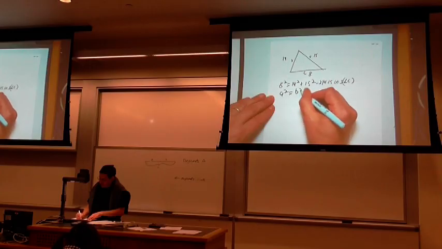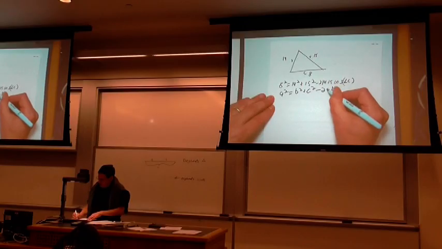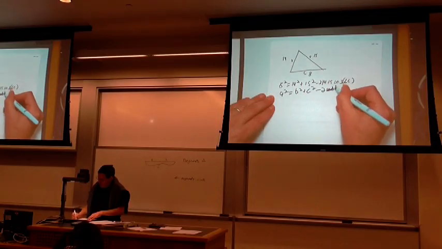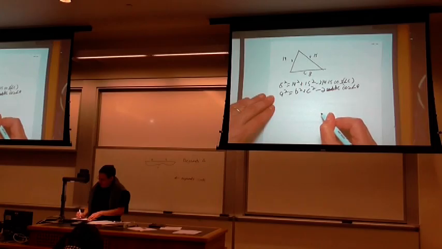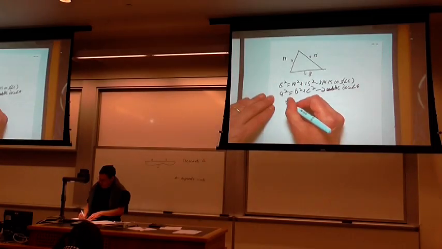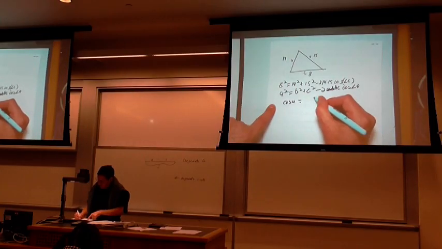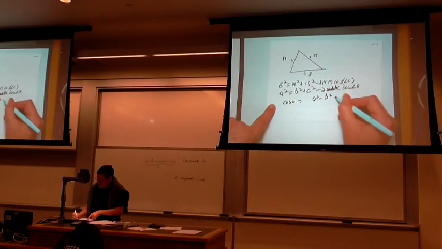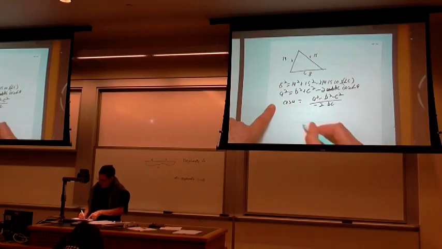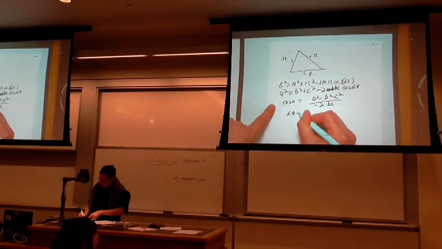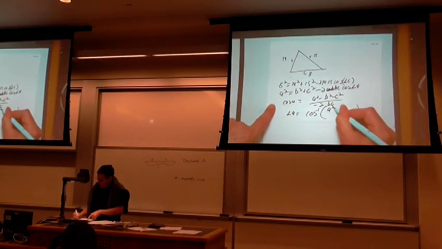A squared equals B squared plus C squared minus 2BC cosine A. We can just solve for A. So cosine A would be A squared minus B squared minus C squared over minus 2BC. Or angle A should be equal to the inverse cosine of that same thing.